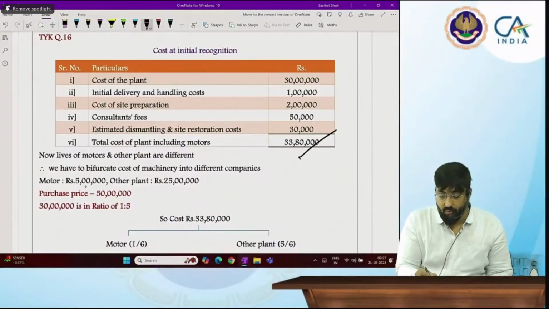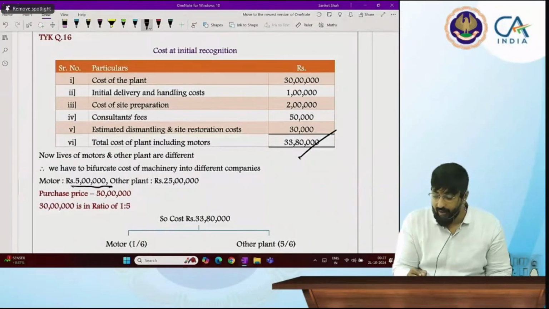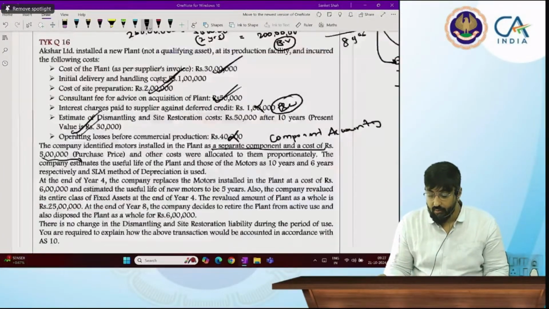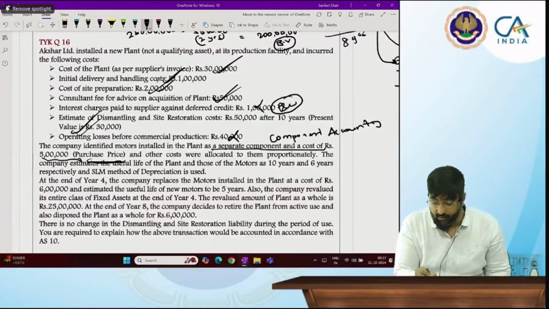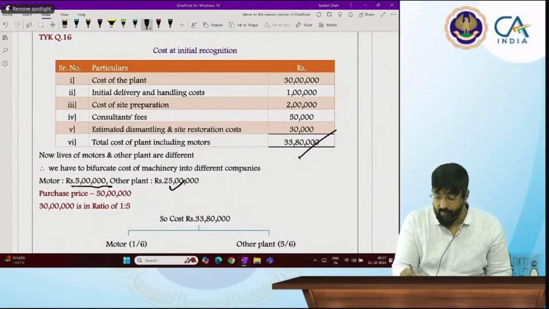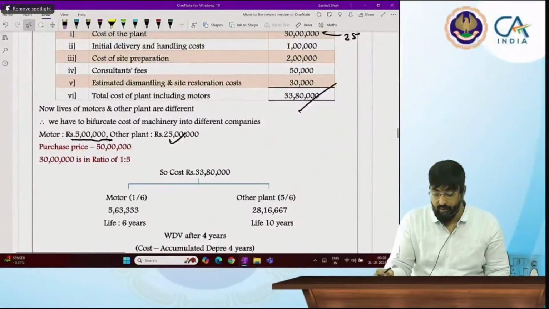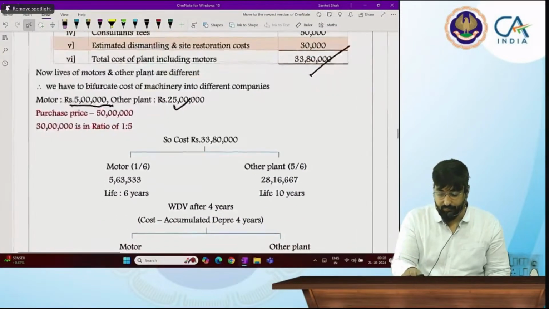Now your asset will be bifurcated, 5 lakhs is the purchase price of the motor. The other part is 30 lakhs minus 5, that is 25, so the ratio is 1:5.